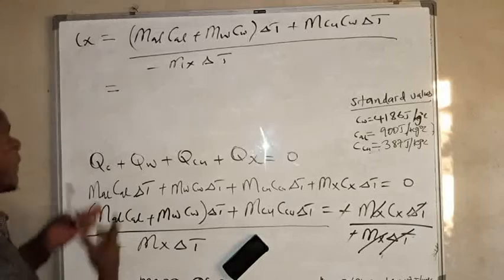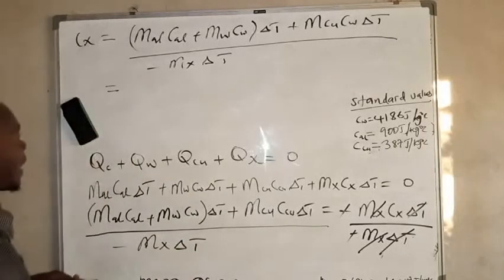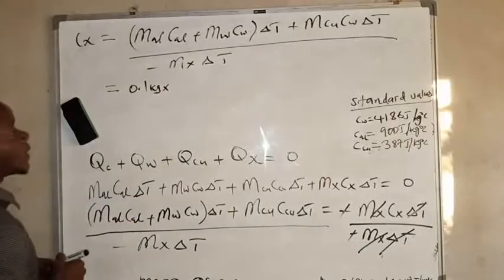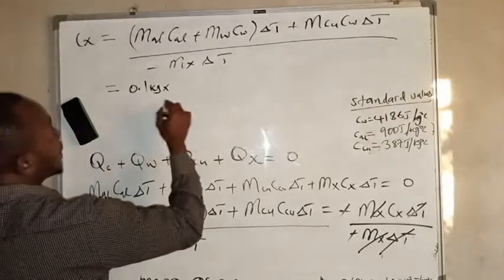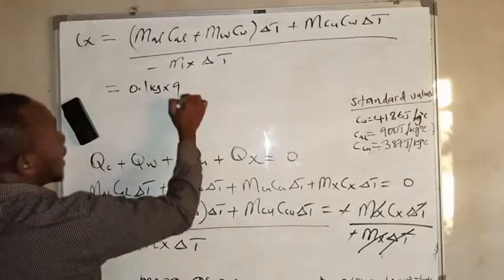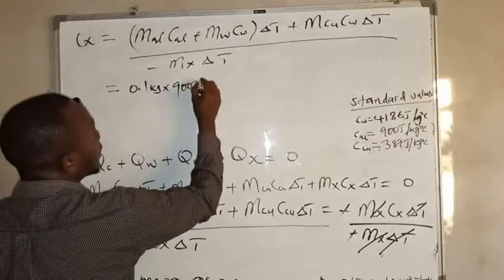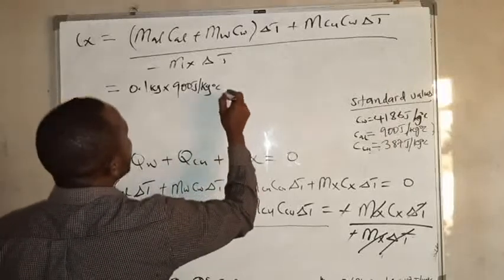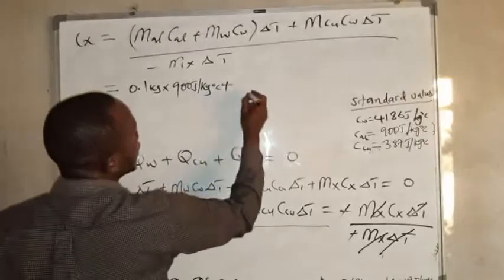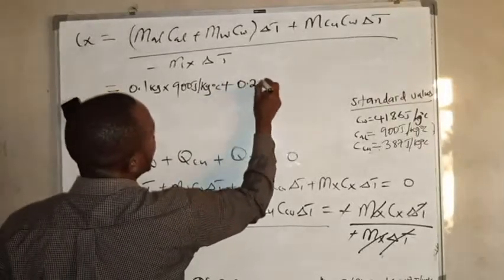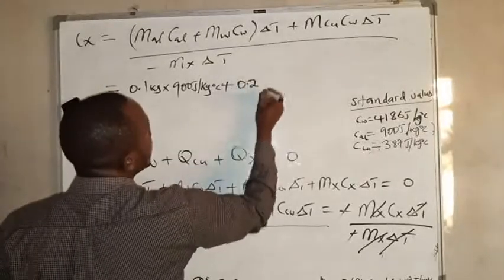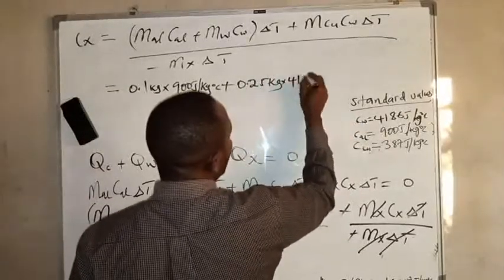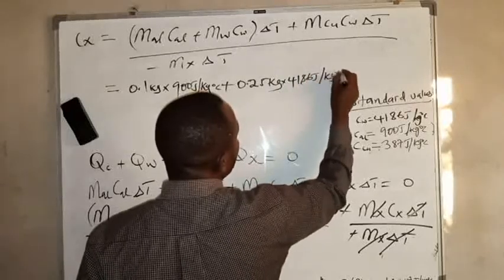So now, plugging in the values, we have the mass of aluminum given as 100 grams, which is 0.1 kilograms, times the specific heat capacity of aluminum, which is 900 joules per kg per degree Celsius, plus the mass of water, which is 250 grams, or 0.25 kg, times the specific heat capacity of water, which is 4186 joules per kg per degree Celsius.